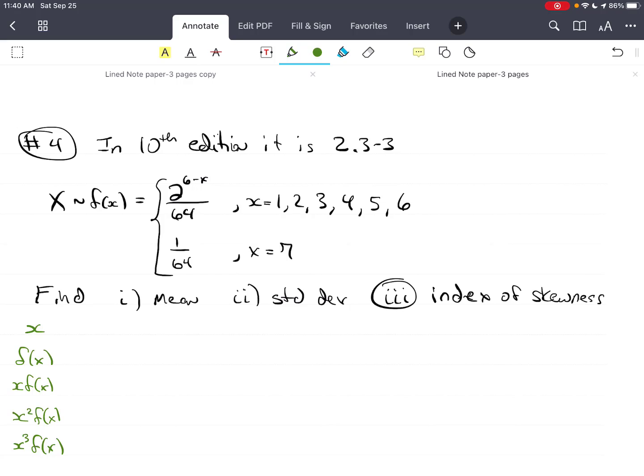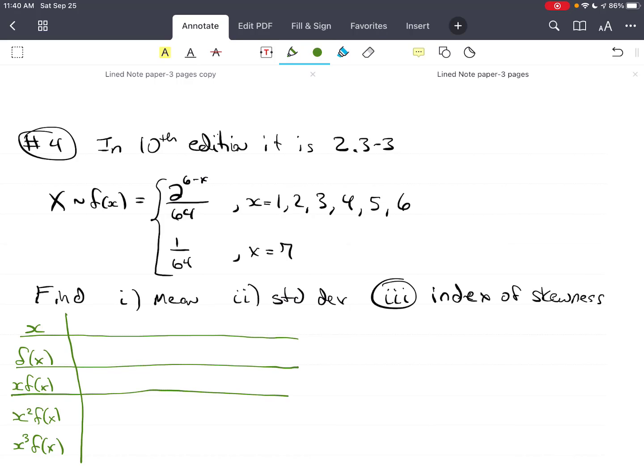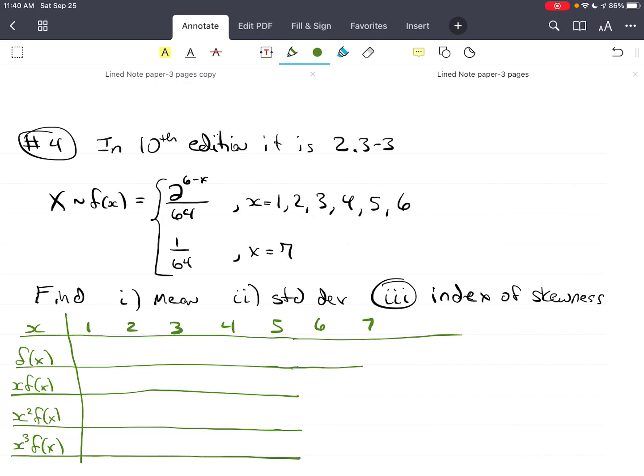The x cubed f of x is for the index of skewness, which is a third centered moment over sigma cubed. So I'll need E of x cubed here. And so x goes from 1 to 7, so I'm going to try to give myself plenty of room. And then I'll need to total these up.